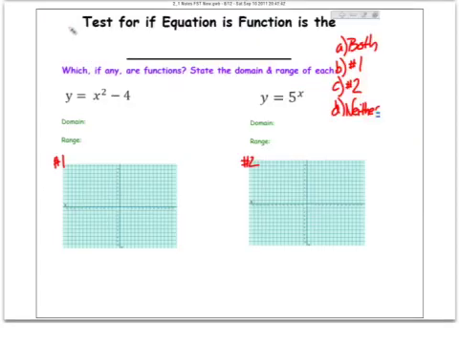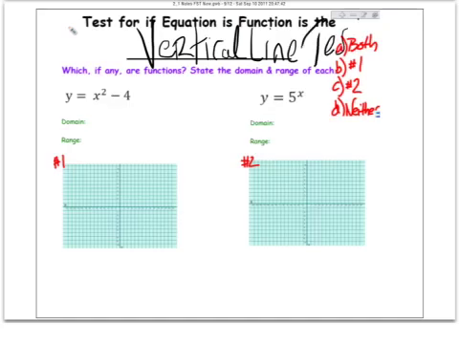Again, I already mentioned this. A test if an equation is a function is the vertical line test. Let's just save you some time here. We have two graphs, two equations. Get your graphing calculator out. Put this in your graphing calculator. I'm going to give you a quick sketch. This guy right here is going to look something like this, roughly.